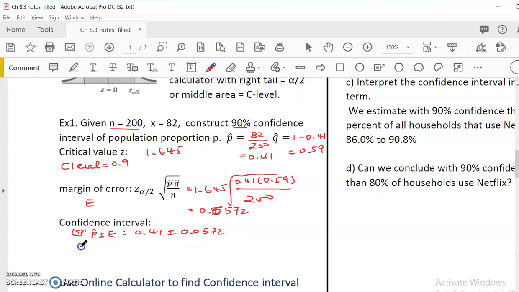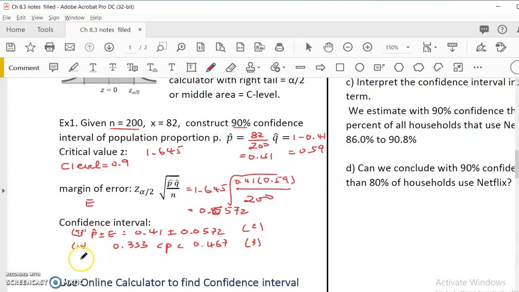The second is, what is the actual exact range? So P is between 0.41 minus 0.0572, which is 0.353, rounded to three places, and 0.41 plus 0.0572, which is 0.467. So these are three places, and this is four places.